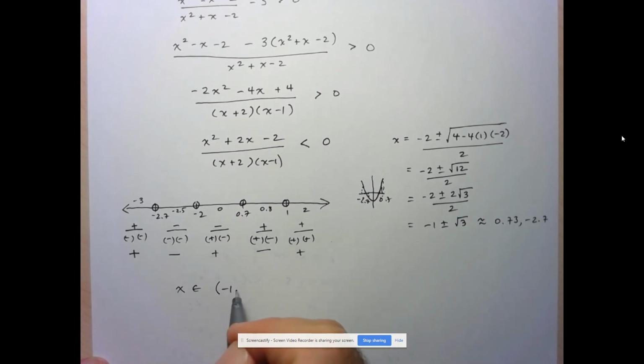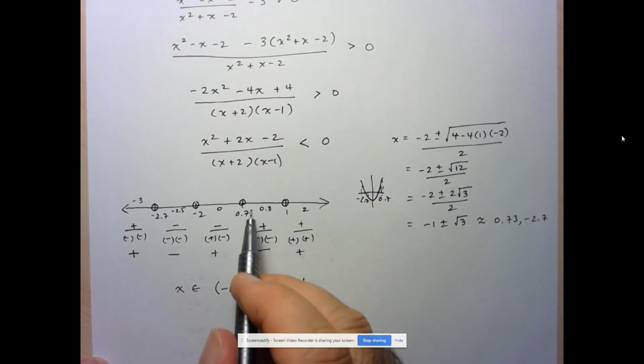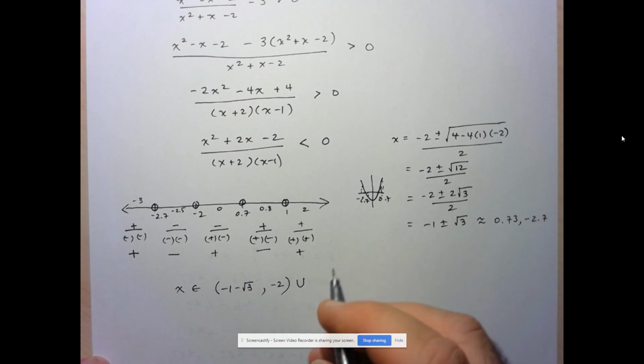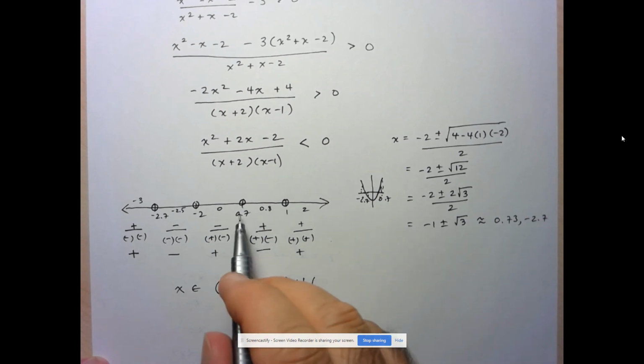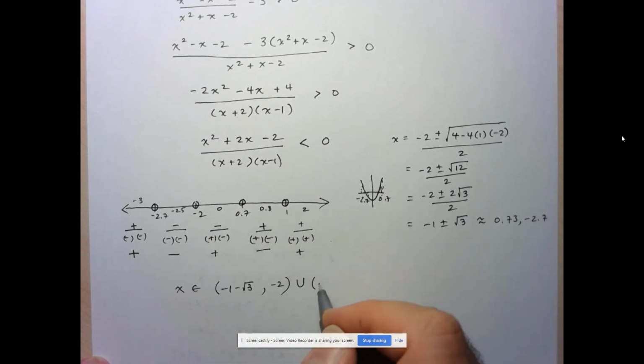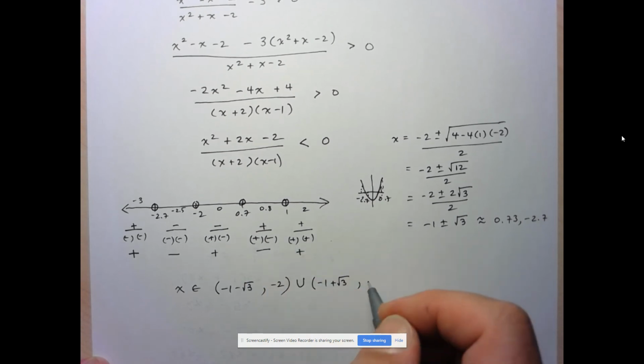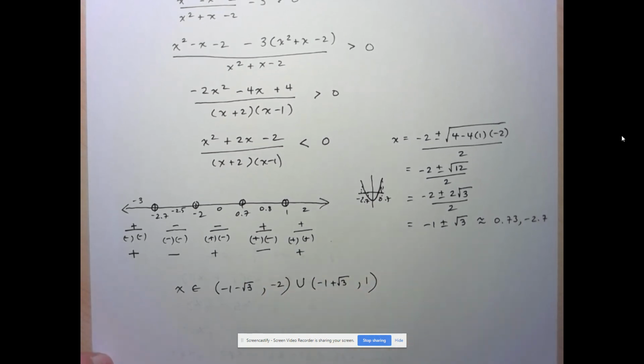So negative 1 minus root 3, and then all the way to negative 2. Notice I'm not including either of those endpoints. And then union this interval here, where it's also negative. So that's between 0.7, or negative 1 plus root 3, and 1, not including.